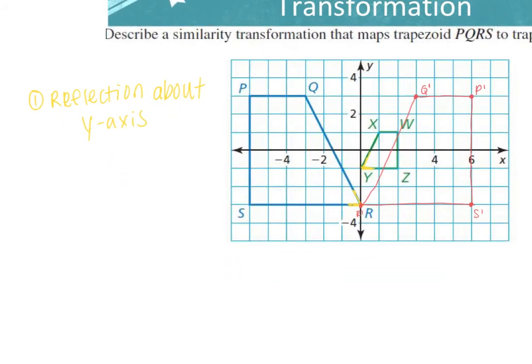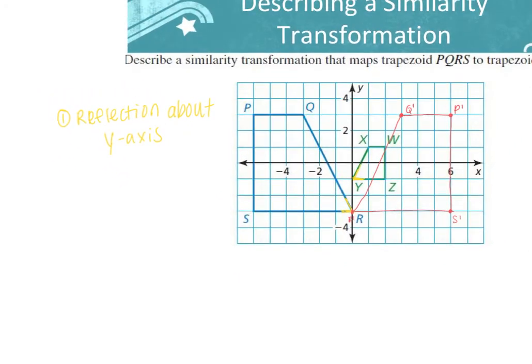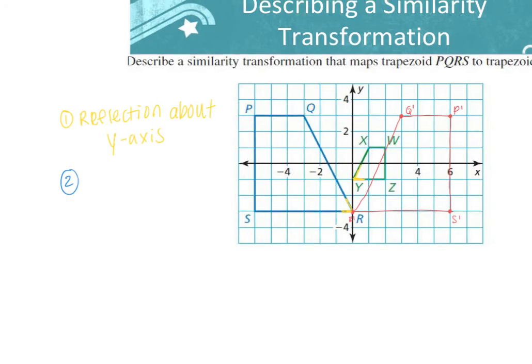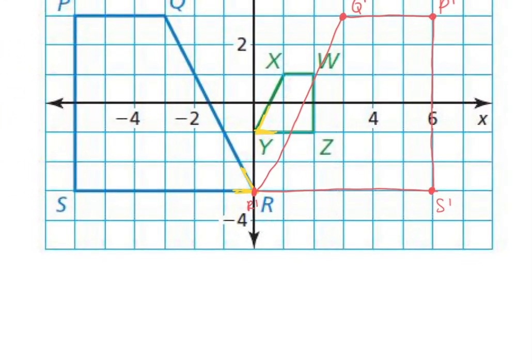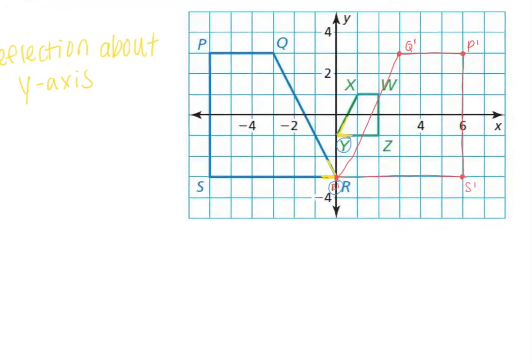Now, step number two. I noticed that we did shrink it, right? Now, let's compare: R prime is the same point as Y. So how much are we going to have to shrink it in order to get there? Well, let's take a look at the coordinates.